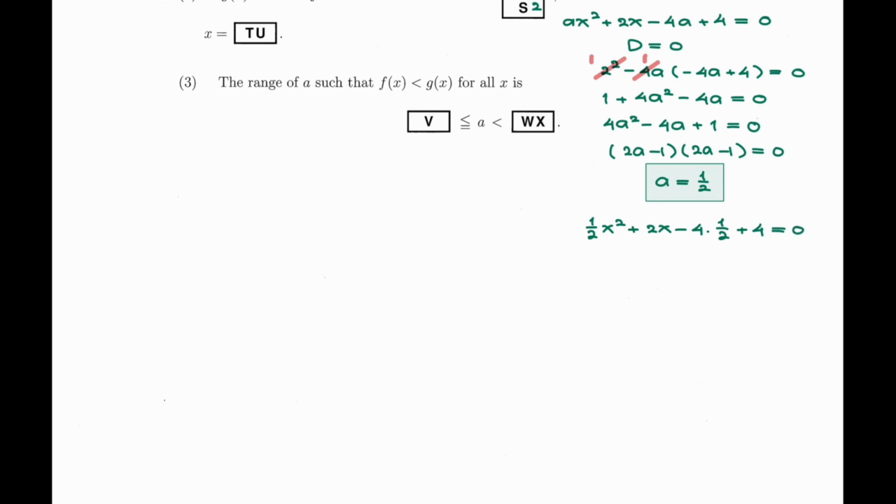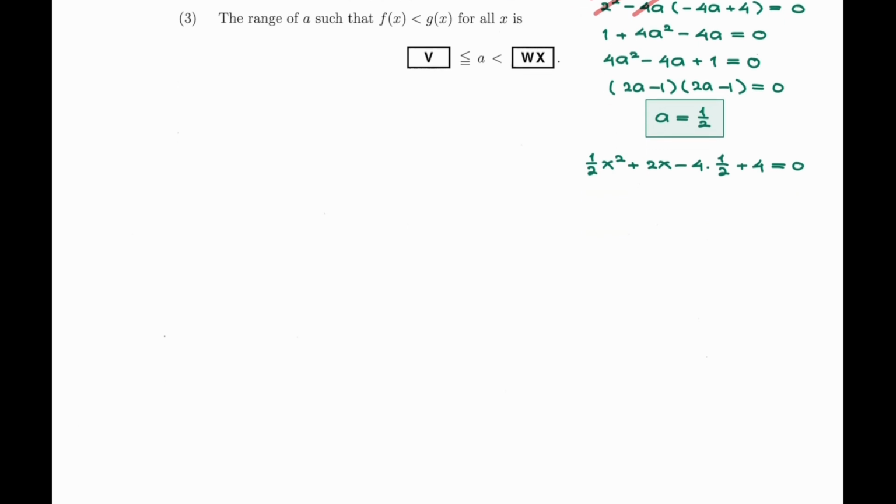And then we need to solve this quadratic equation. I will simplify it first. I will get half x squared plus 2x minus 2 plus 4, you get plus 2, equals 0.